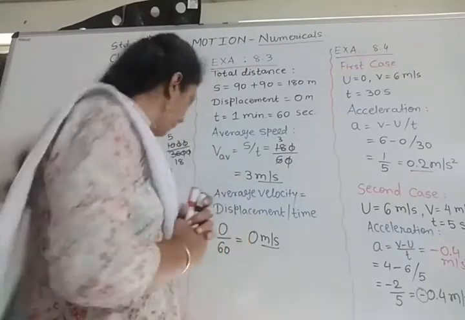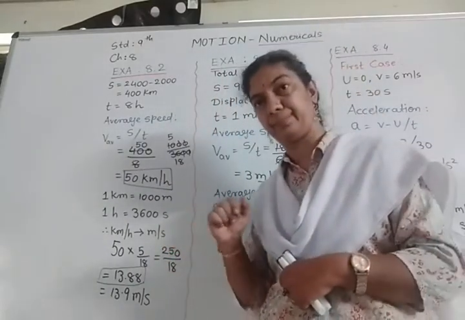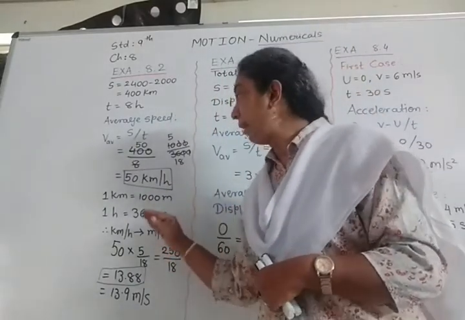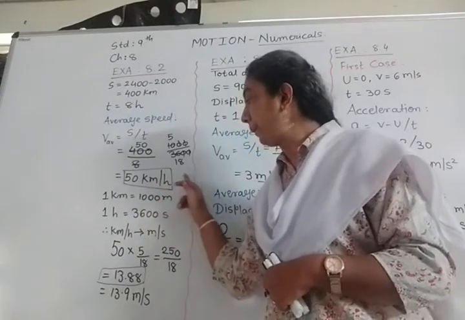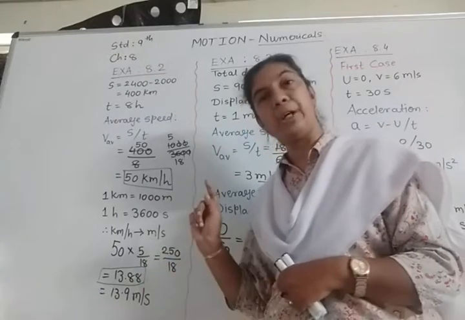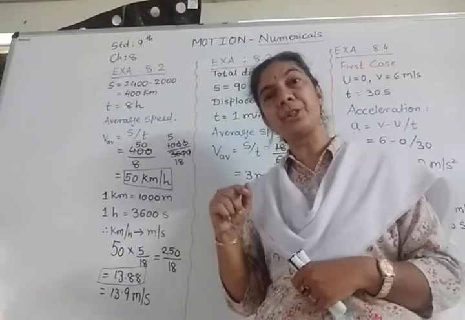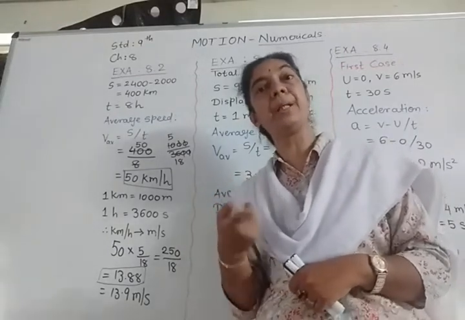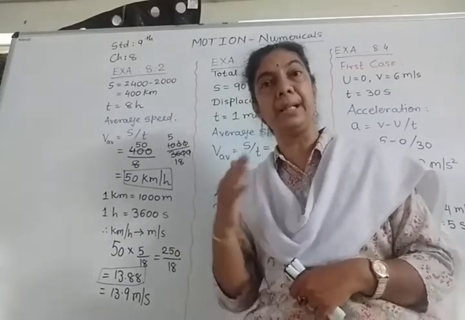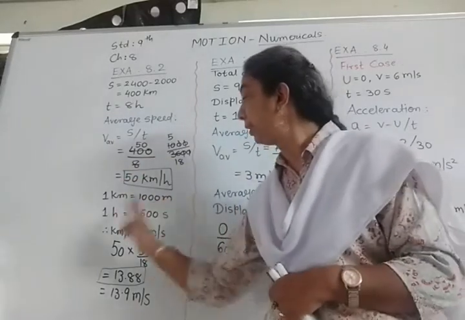Last point I would like to explain over here regarding this conversion. If I am converting kilometer per hour to meter per second, I will multiply with 5 by 18. But if in the question it is given in meter per second and asked in kilometer per hour, then I have to do the reverse.